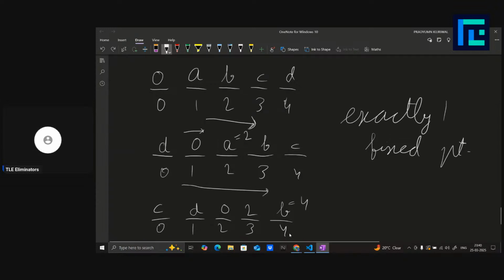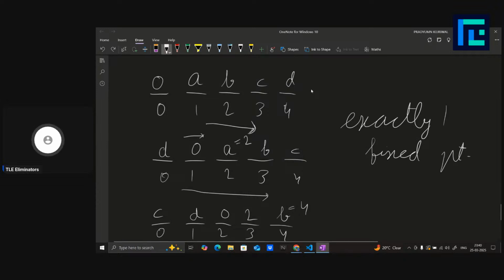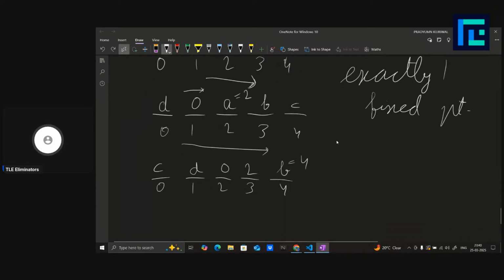So here we chose 0 A B C D, then we shifted, so we have D 0 A B C. So A equals 2 we set, we try to make this a fixed point, and we know that 0 is not a fixed point because it was a fixed point in the previous one. Then we again shift it, so it becomes C D 0 2 B, and here we choose 4 to be our fixed point, right?